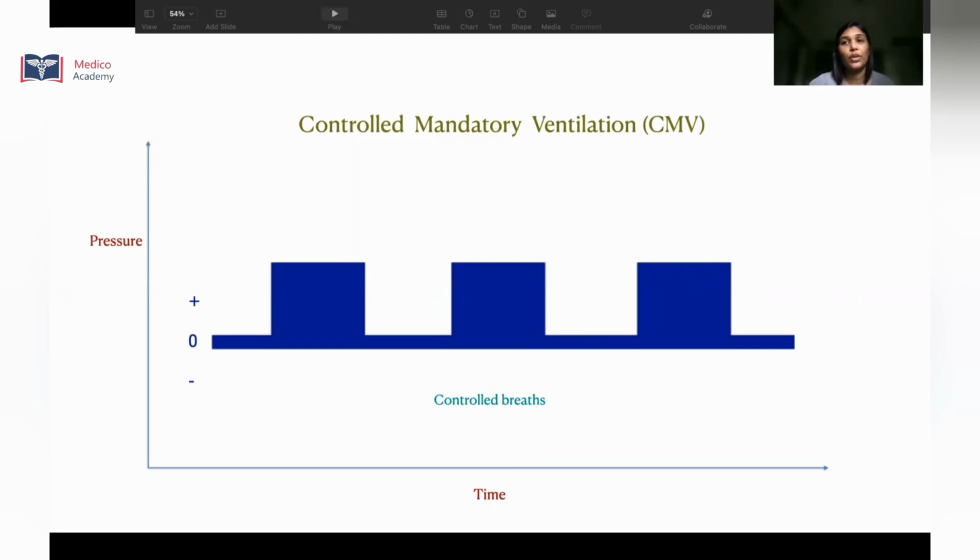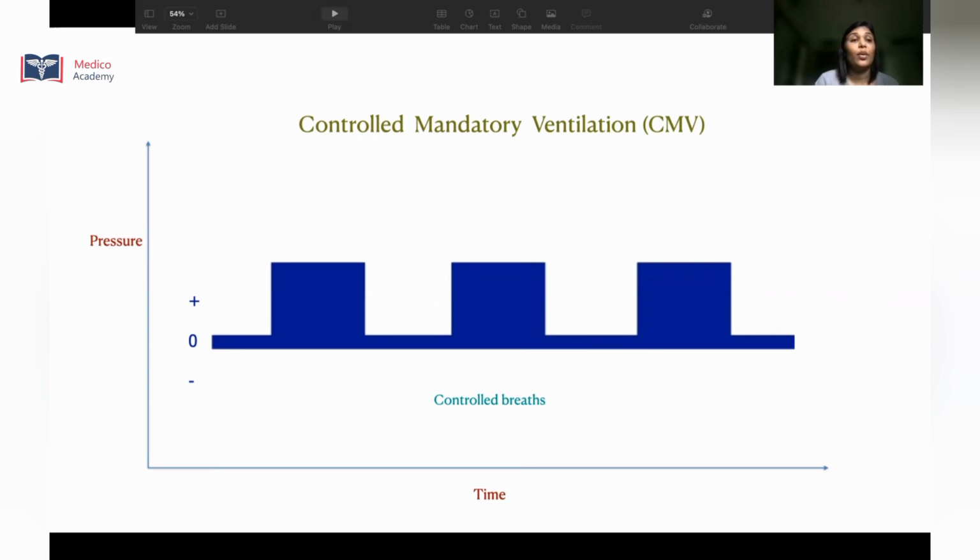Patient has absolutely no role at all in this mode of ventilation, and the ventilator continues to give mandatory breaths irrespective of what the patient is doing. If the patient starts breathing, then there can be asynchrony or fights between the patient and the ventilator. So this is an outdated mode. We don't use controlled mandatory ventilation these days.